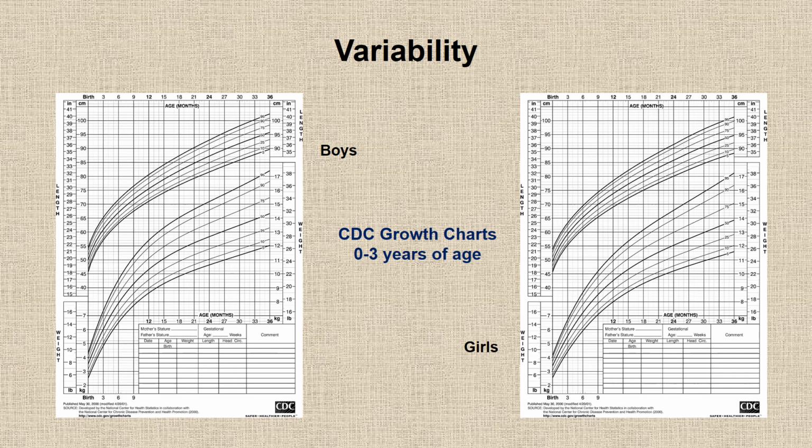Okay, if you look at growth charts, there are separate growth charts for boys and girls, and within the boys or girls there are groups of percentiles of growth. This means there is a variation among the particular population.